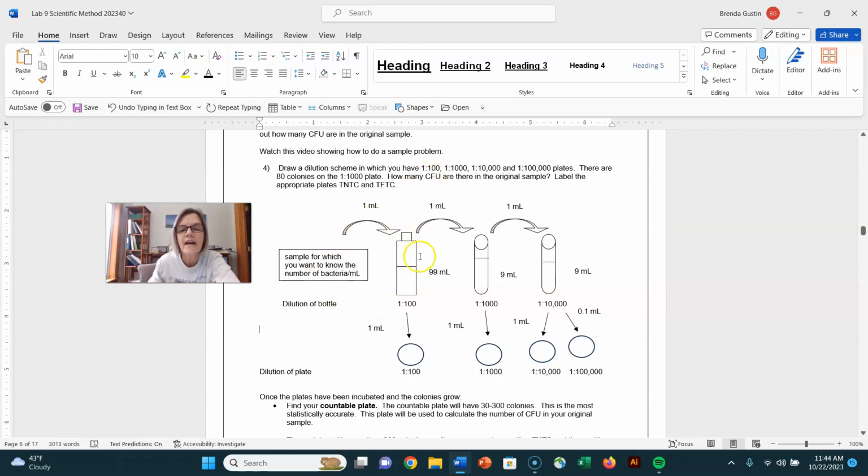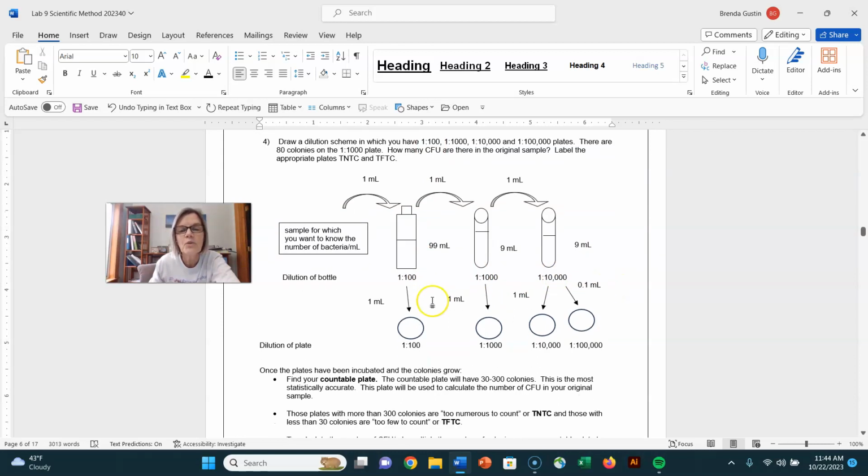So there's that. I need a 1 to 1,000 and a 1 to 10,000. There we go. Now I said to make plates 1 to 100, 1 to 1,000, 1 to 10,000, and 1 to 100,000. So we can do that. We can make your plates by taking a milliliter from the bottle and putting it on that agar plate. And if we want to know the number of bacteria in a milliliter, the dilution on the plate will be the same as the bottle.